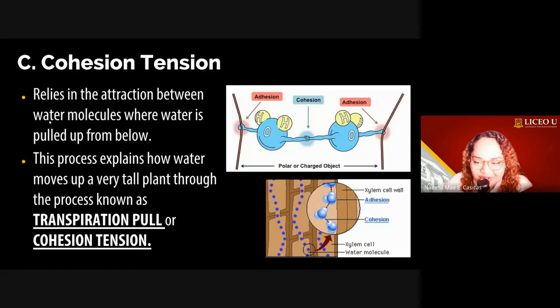And then your cohesion tension. The cohesion tension is like this, no? So naa kay adhesion and then cohesion. As you can see here sa picture, kining cute kayo na H2O, no? Usa sa mga properties of water is because of its hydrogen bonds, ganahan na siya mo adhere, mo stick sa surfaces.